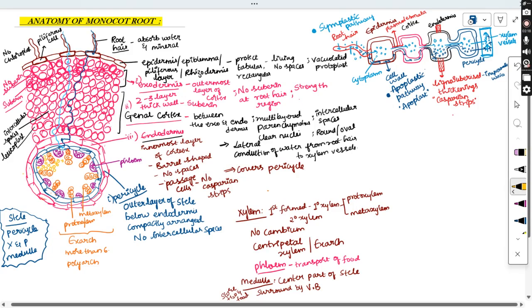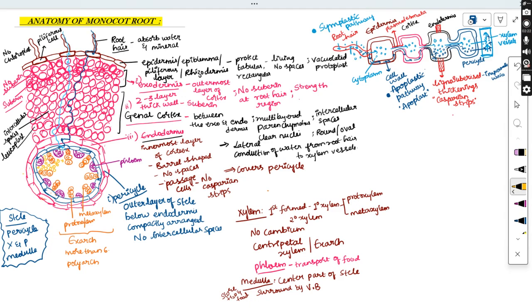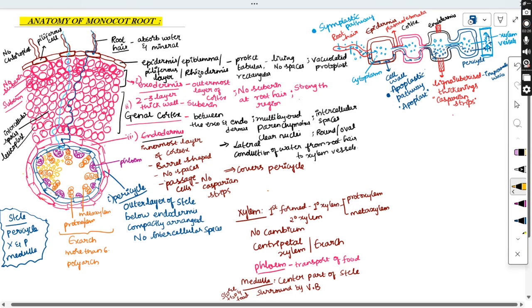In the dicot, we have seen the conjunctive tissue is parenchyma. Initially, even in the monocot, the conjunctive tissue is parenchyma. But as the plant grows, in the older stages, this parenchyma will be replaced with sclerenchyma just to provide extra support, because monocot roots don't show any secondary growth like the dicots, as there is no cambium formation.